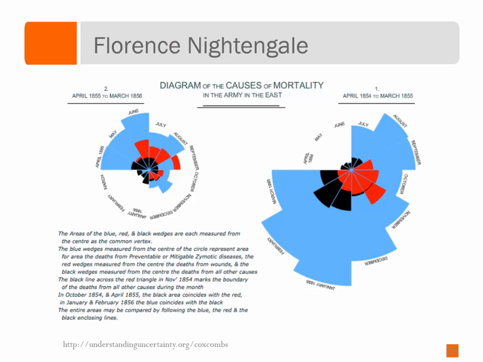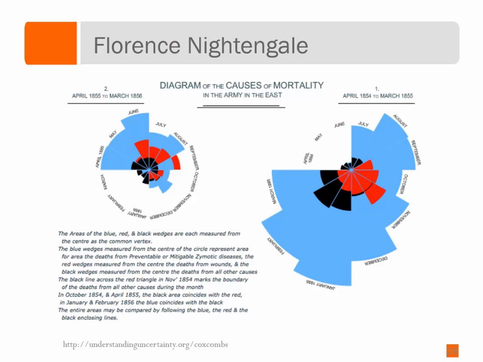And what's being represented here is a visualization or a diagram of the causes of death in a particular war. And I think, if I remember correctly, what's represented here is the Crimean War, I believe.